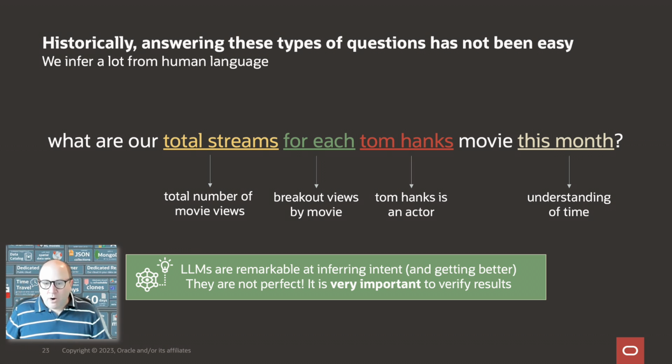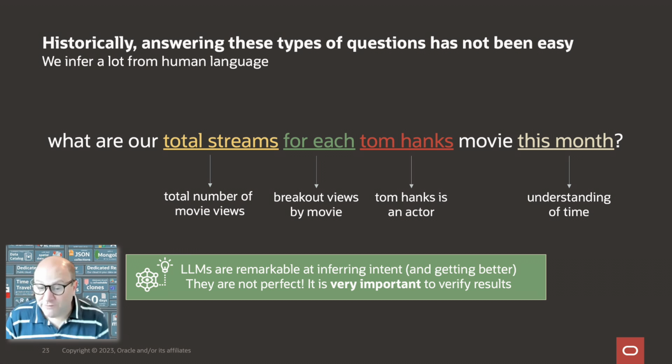They're pretty remarkable at inferring intent, and they're getting better all the time. Our demo was using OpenAI's version 3.5. 4.0 is way better than 3.5, and we could use 4.0 here if we want to as well. They keep getting better, seemingly every couple of months, with breakthroughs where things get better.